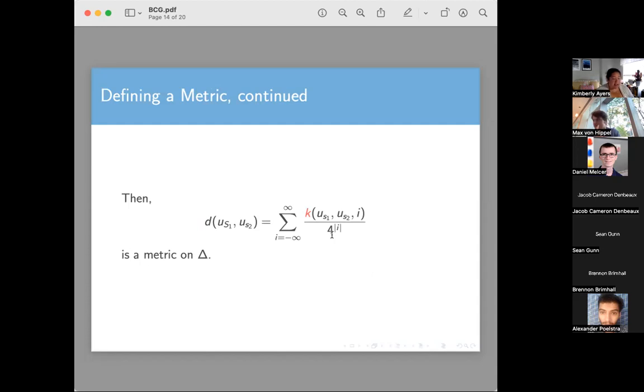What that does is focus the importance on parts of the functions that are closer to 0 and decrease the weight further out in the tails. So two functions are going to be closer together if they are more similar close to the origin but maybe differ out in the tails, versus functions that are different really close to the origin but maybe agree out in the tails. That gives that focus there.